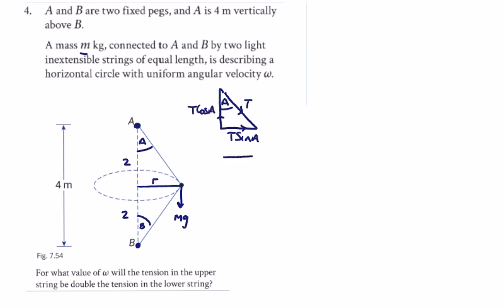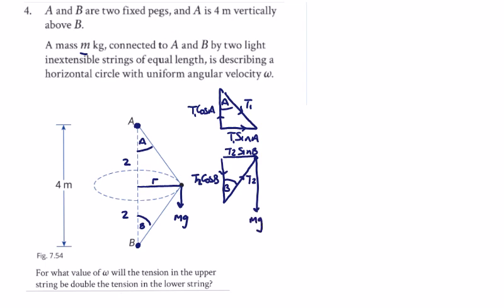In the triangle below, we have the angle B, and we have a different tension, so I'm going to go back and call the first one T1, and call this one T2. We have the angle B, so we have T2 sine B, and we have T2 cos B, and that's going down, as is mg.